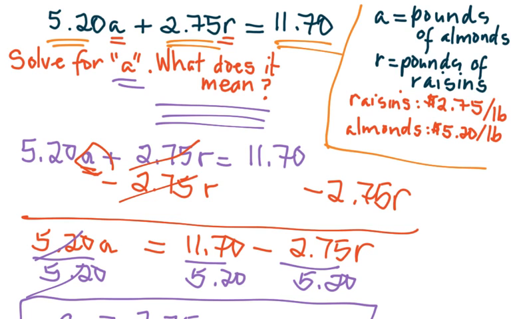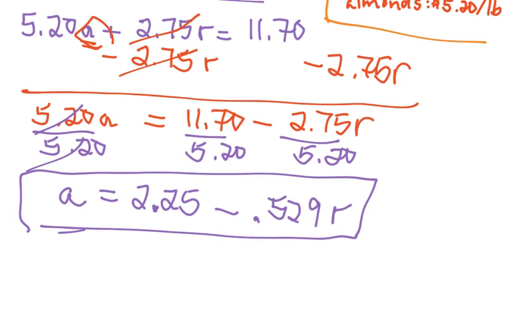I know that 5.20 is the price, but 5.20 times how many did I buy? I have no idea. So if I needed to figure that out, that's what I would solve for. I can't combine 2.25 and 0.529R. These are not the same.